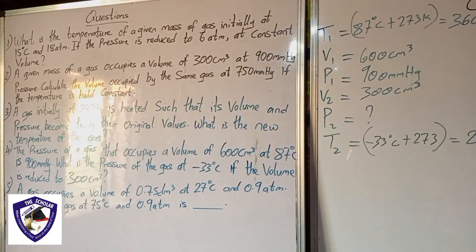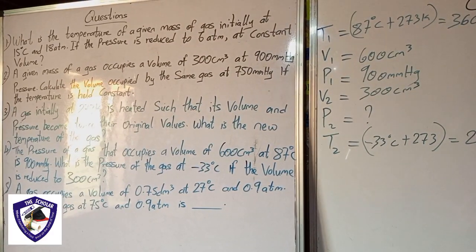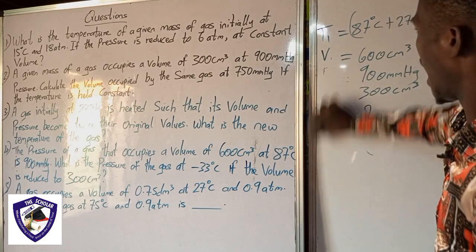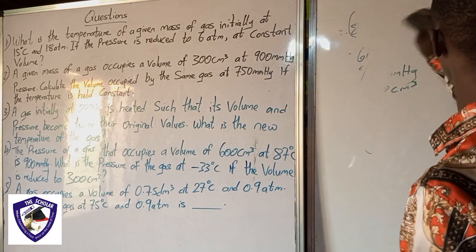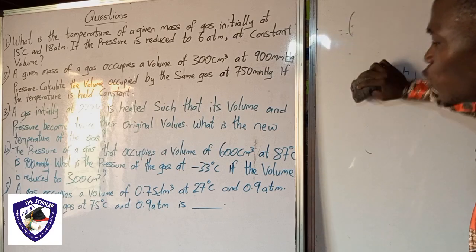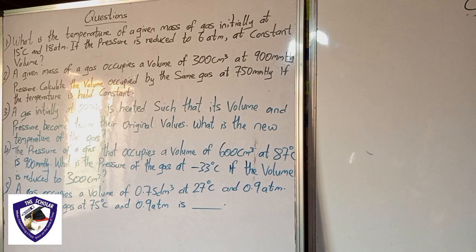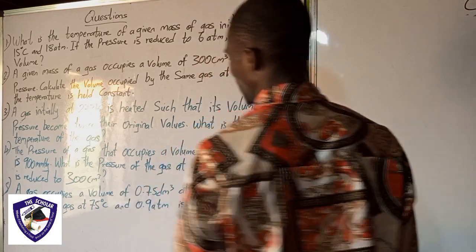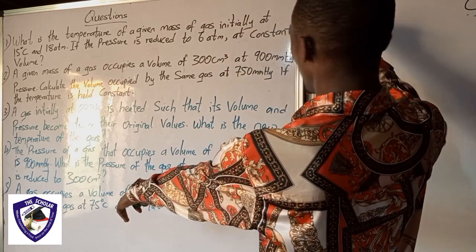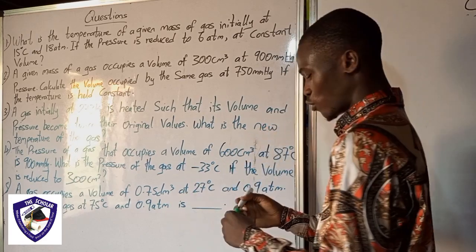The last question says a gas occupies a volume of 0.75 dm cube at 27 degrees Celsius and 0.9 atm. Full stop. The volume of gas at 75 degrees Celsius and 0.9 atm is dash. Now let's write the parameters one after the other. Volume of 0.75 dm cube.